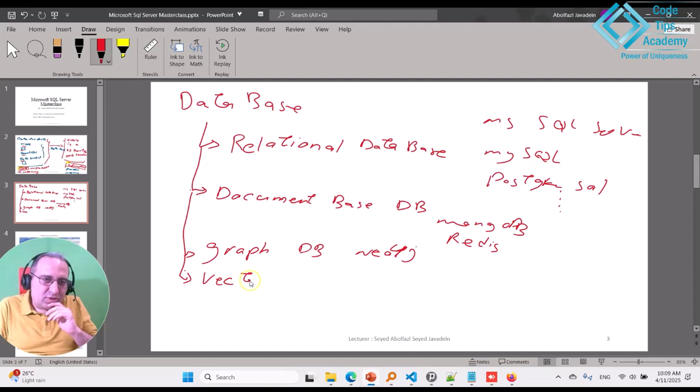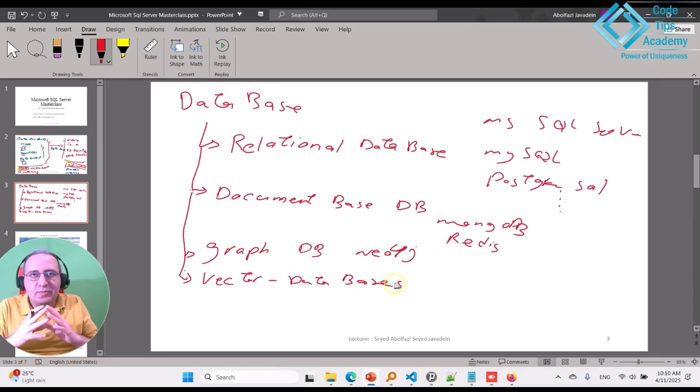Nowadays, as you know, large language models are used in any aspect of human life. We use large language models, chatbots, image creation, AI systems. All of these use vector databases.